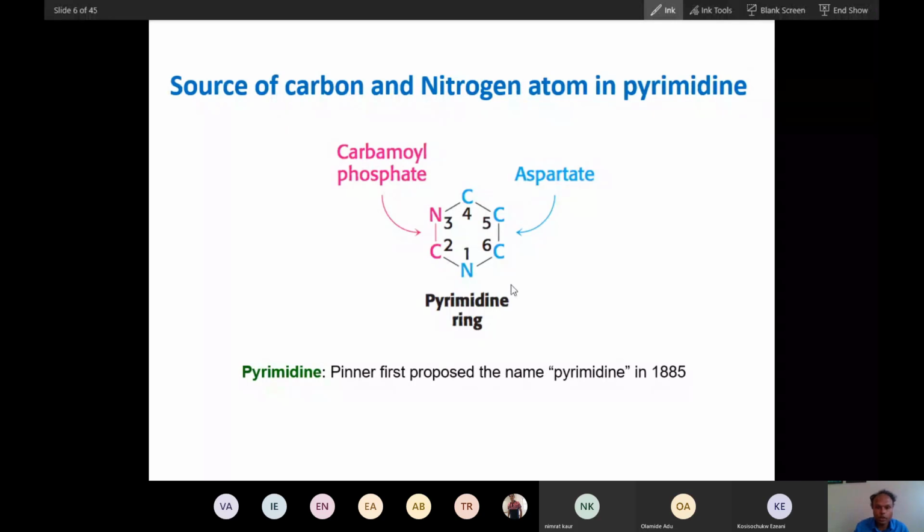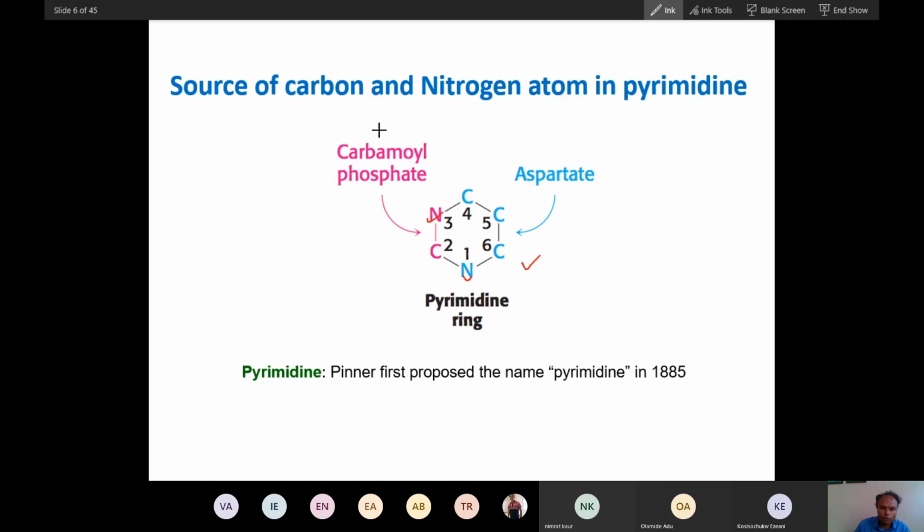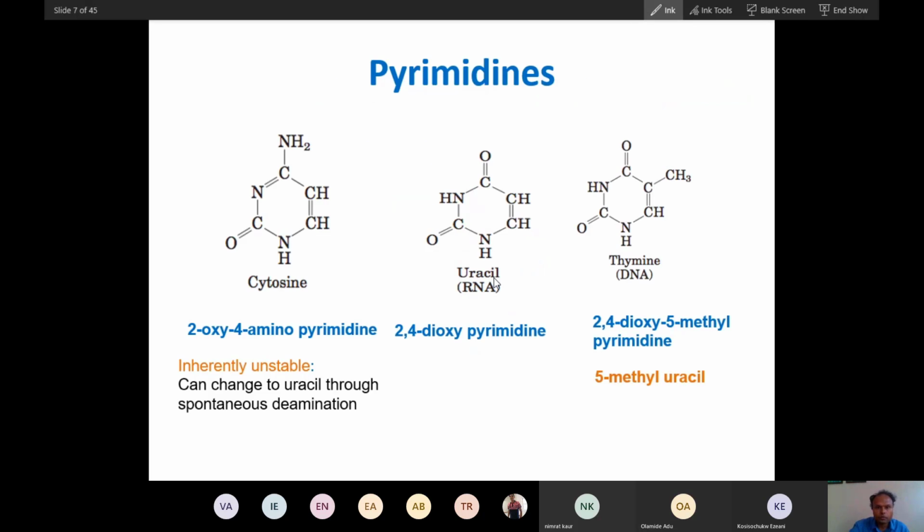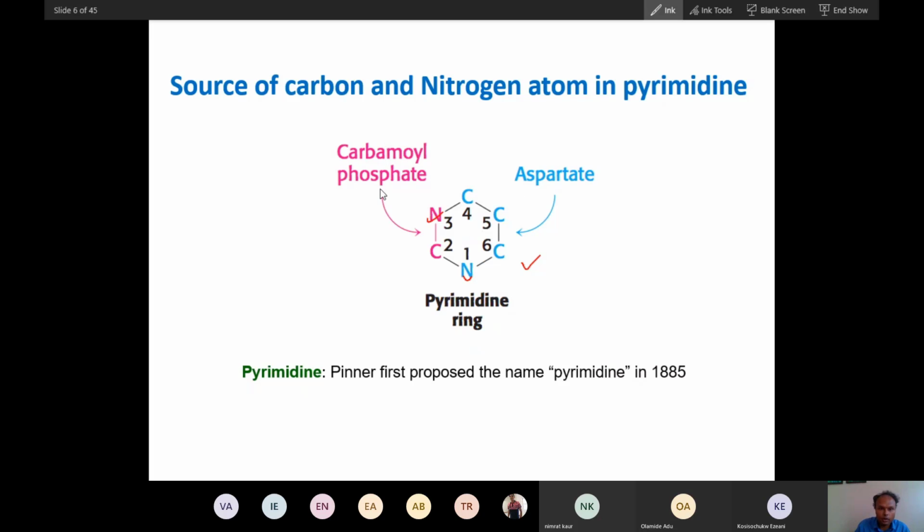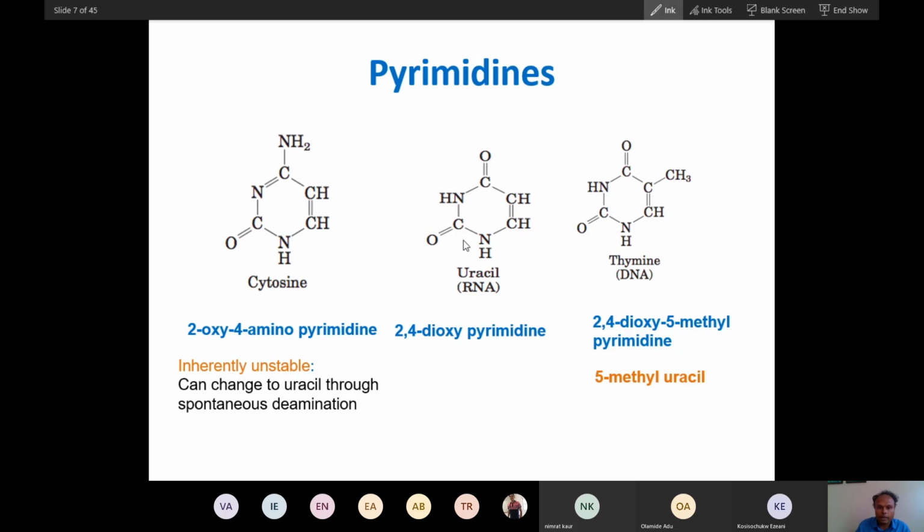Purine we have already told you, and this is pyrimidine, a heterocyclic hexane compound with 2 nitrogens here and here. These are the contributions of atoms during synthesis of pyrimidine: carbamoyl phosphate, aspartate. Now these are all pyrimidines.